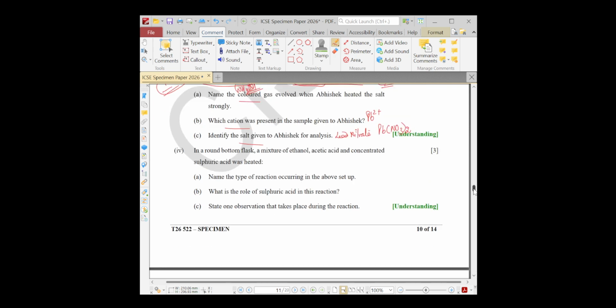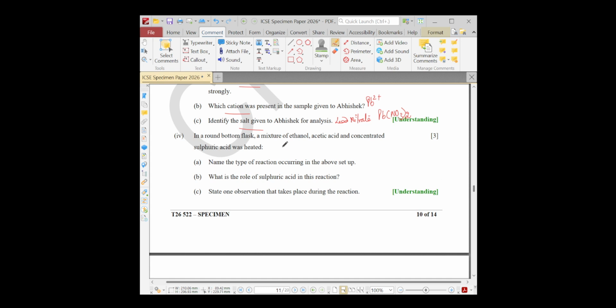Next we move on to the fourth part. The fourth part says when a mixture of ethanol, C2H5OH, common name ethyl alcohol, right? Acetic acid, CH3COOH, and concentrated sulfuric acid is heated. So what happens? Concentrated sulfuric acid acts as a dehydrating agent. It removes water. So from the acid the OH and from the alcohol the H, they form what?